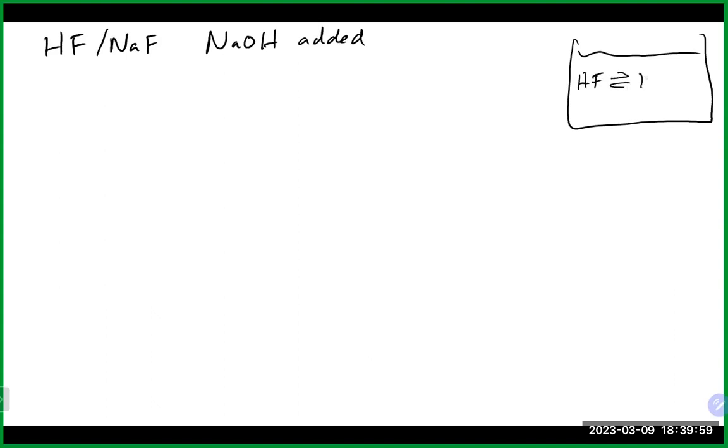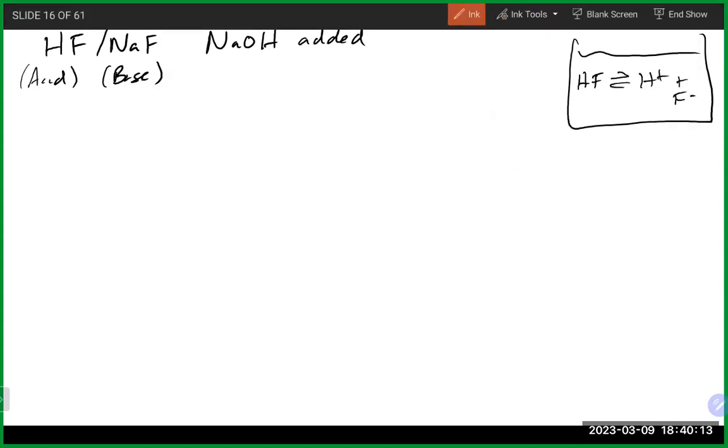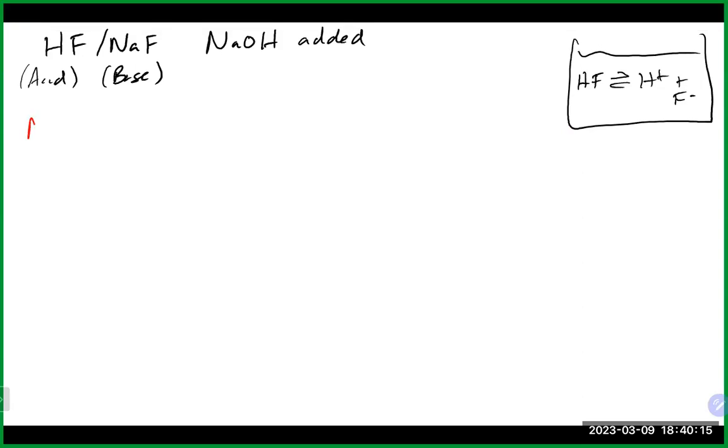It's a little equilibrium there. We got some H plus and a little F minus going on. We once again have our acid part of the buffer there. We have our base part of the buffer. So now when I go and add my sodium hydroxide to this buffer, which part of the buffer is it going to react with, the HF or the sodium fluoride?